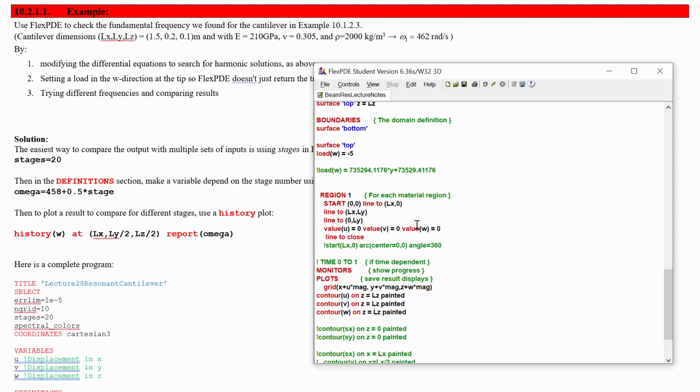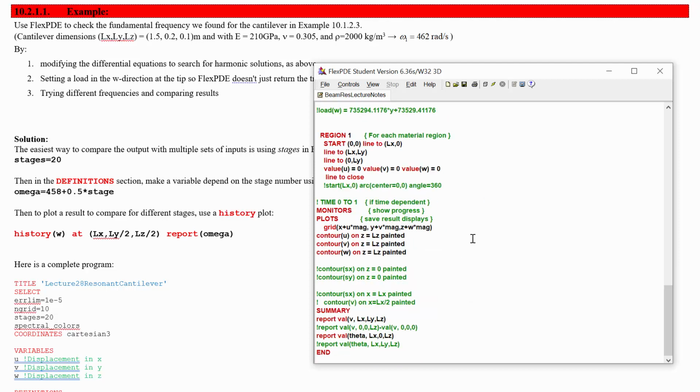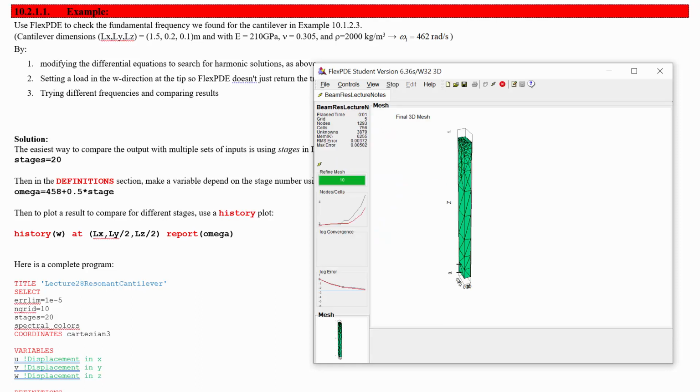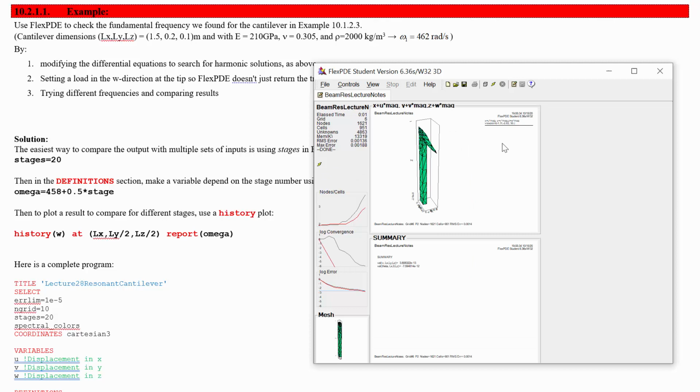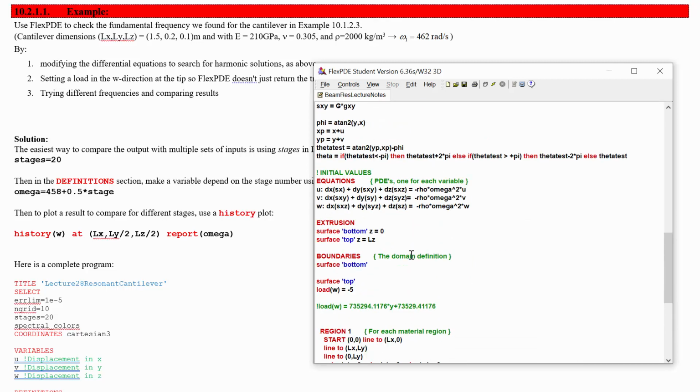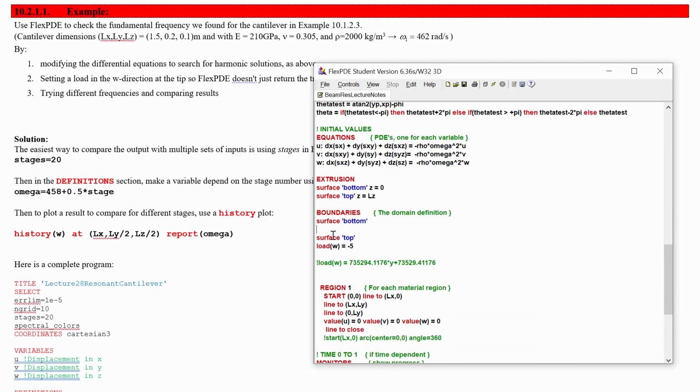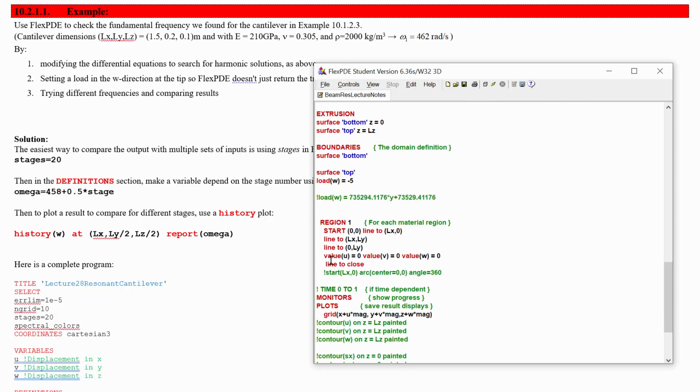So this should give us a result for this, which is not very much. It's going to show us a lot. Oh, where did we fix it somewhere else? We've got a load on the top here. We've got it fixed on just the final surface.